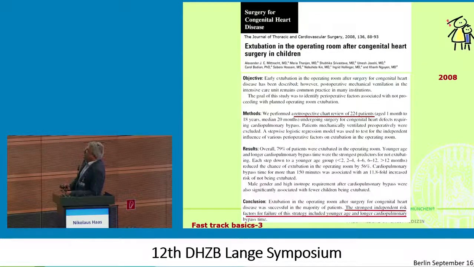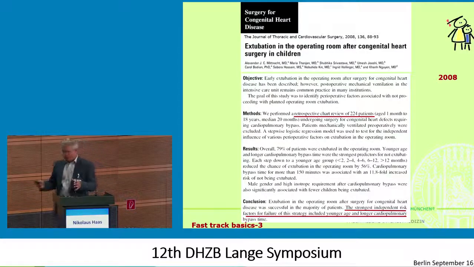There's a big retrospective study from Mr. Mitnacht from the States again, and they are the ones who, if you look at the literature, proposed most early extubation in theater patients. The first study was a retrospective chart review of 224 patients, again 2008, and they said the strongest risk factor for the failure of this strategy was younger age and longer bypass times.